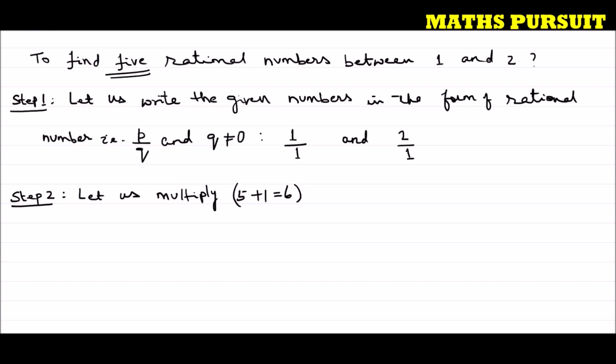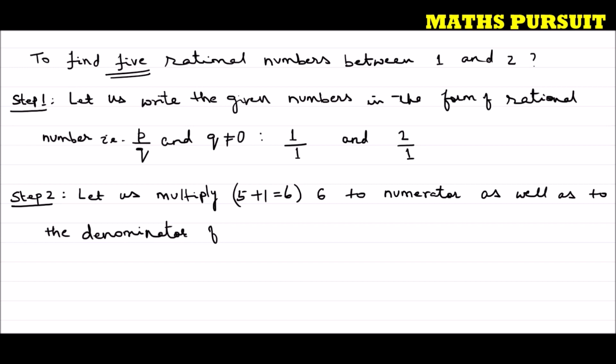Let us multiply 6 to the numerator as well as to the denominator of the above rational numbers.